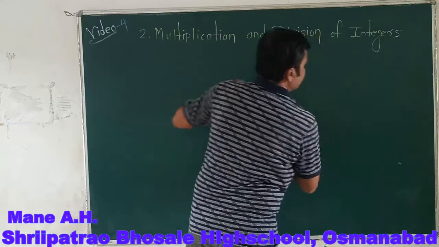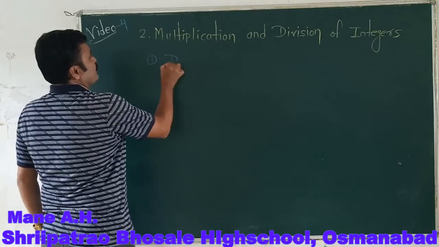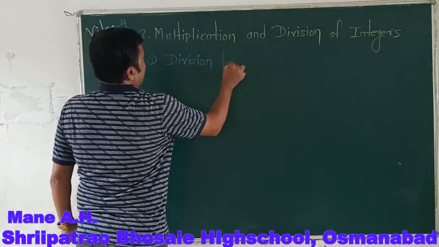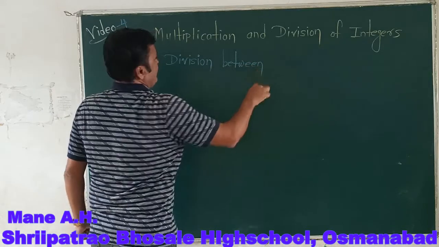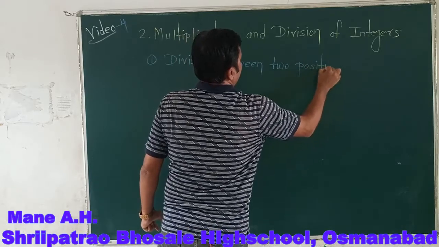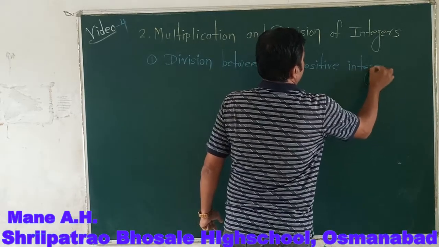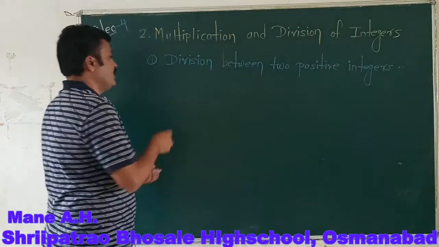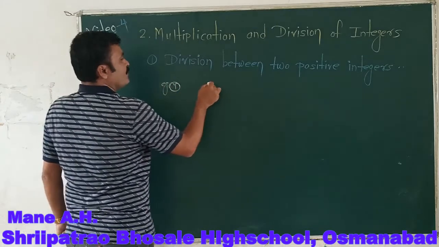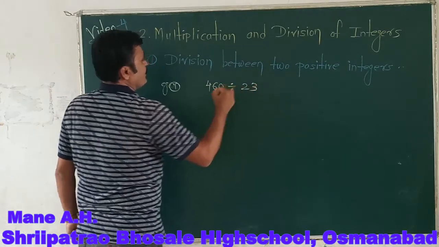So let's keep up. The first condition in front of you, division between two positive integers. So here I am taking the first example in front of you, that is 460 divided by 23.